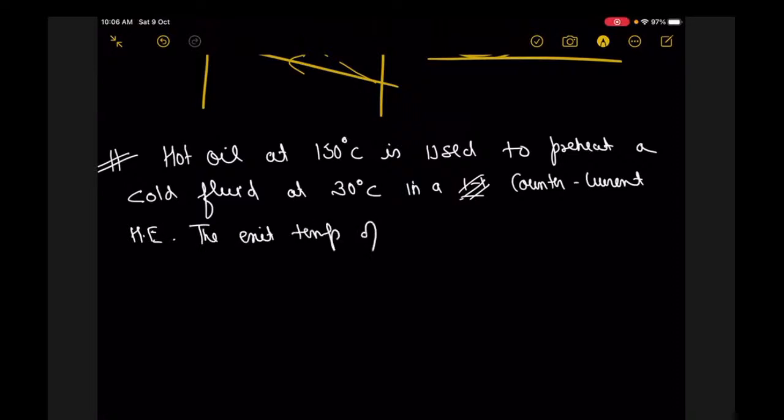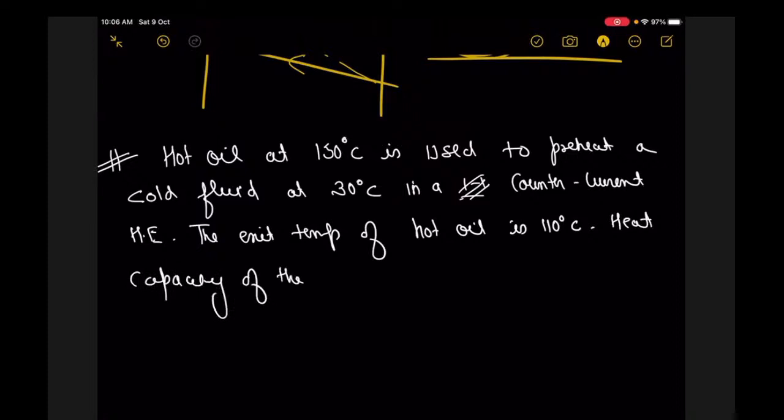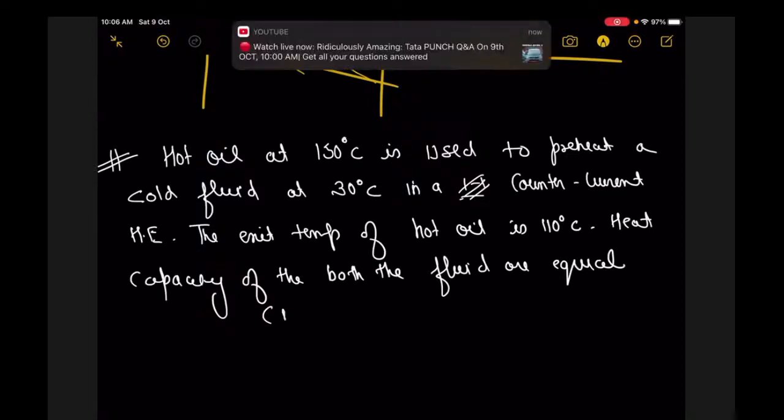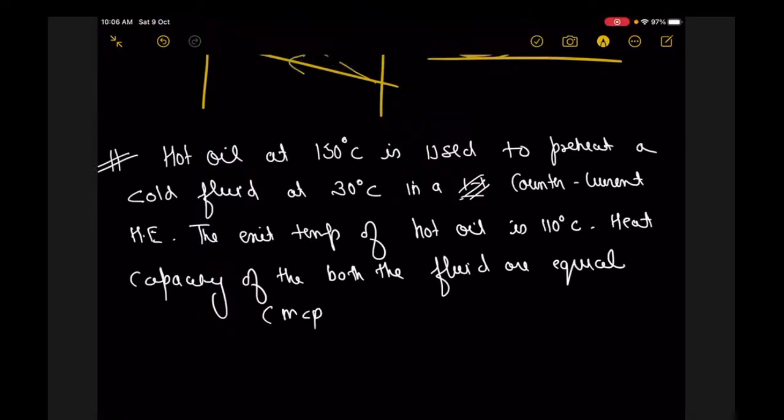The exit temperature of hot oil is 110 degrees centigrade. Heat capacity of both the fluids are equal, MCP1 is equals to MCP2, and the heat duty is 2 kilowatt.